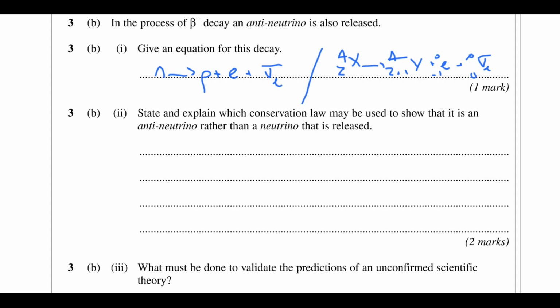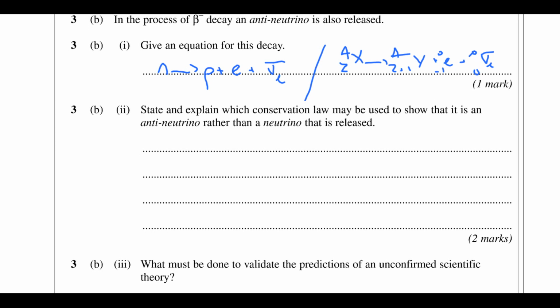State and explain which conservation law may be used to show that this is an anti-neutrino rather than a neutrino that's released. So we're looking at electron lepton number being conserved. So we look before the decay, we've just got a neutron.